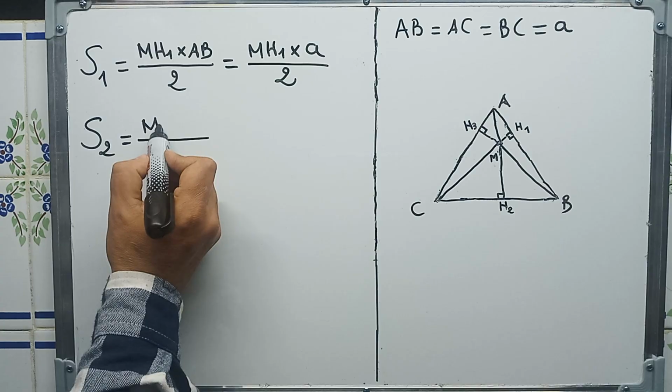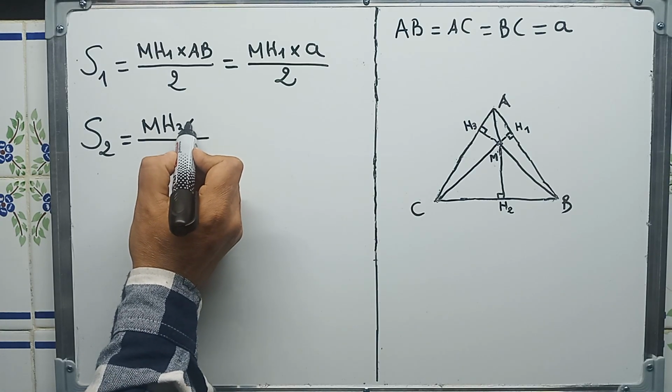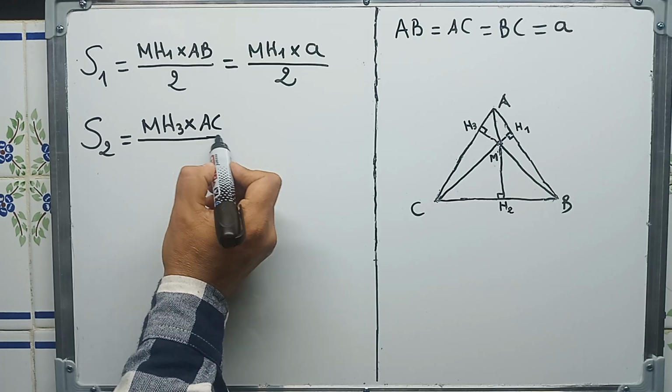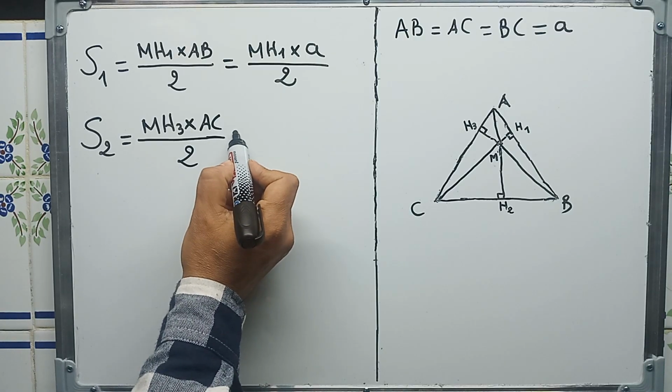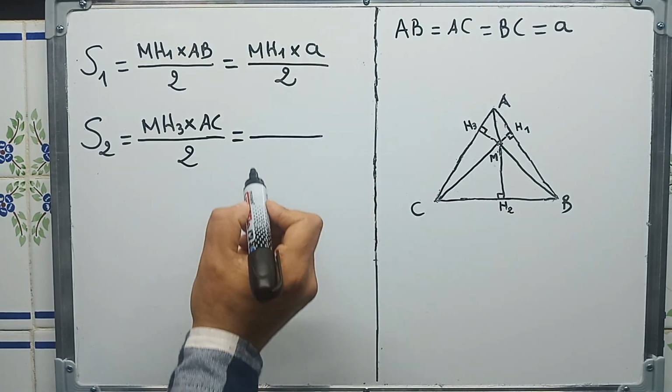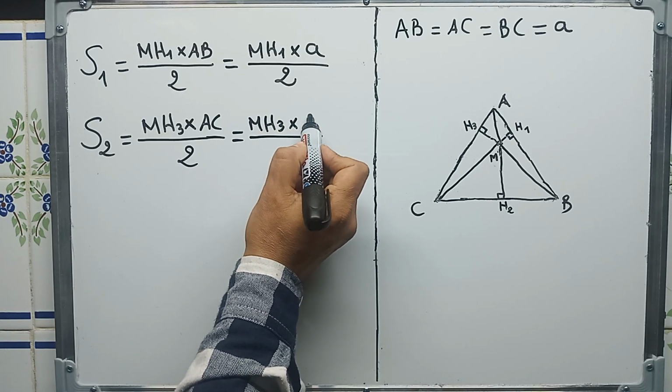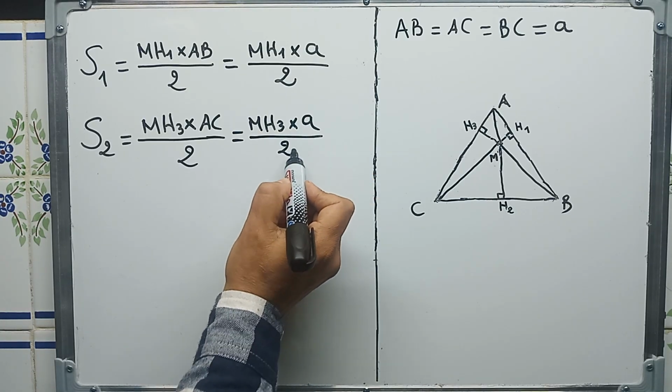The area of the second triangle MAC, S2, is equal to MH3 times the base AC divided by 2, which is equal to MH3 times A over 2.